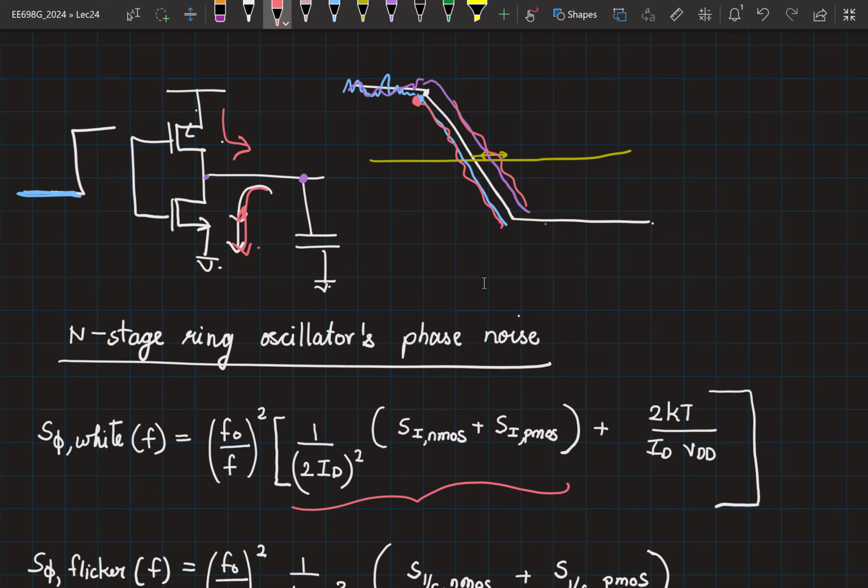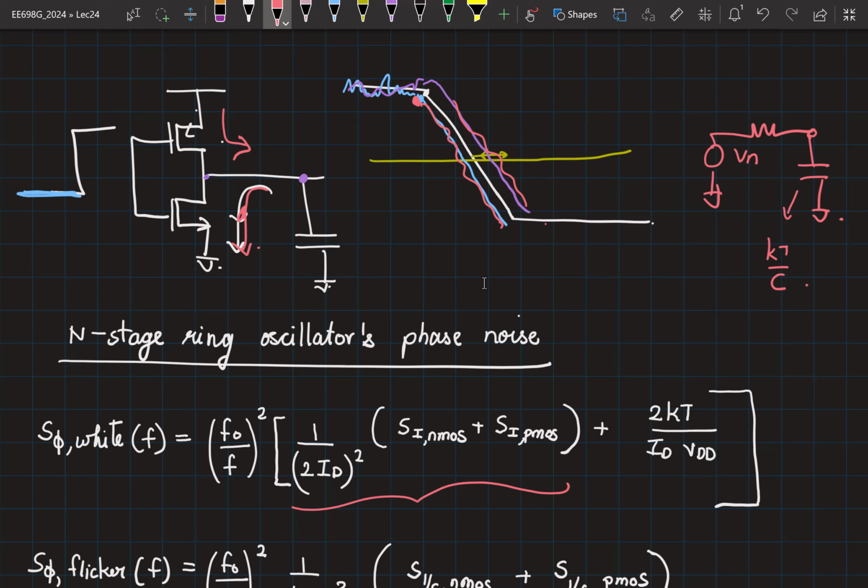The second term, so how it comes out is, if you remember, if you had a resistor connected in parallel, if you had this sort of a configuration, right, a voltage source, a resistor and a capacitance, wherein you model the voltage noise of the resistor like this, this average noise here was going to be KT by C, right. The PMOS current affecting the starting point has a similar effect.